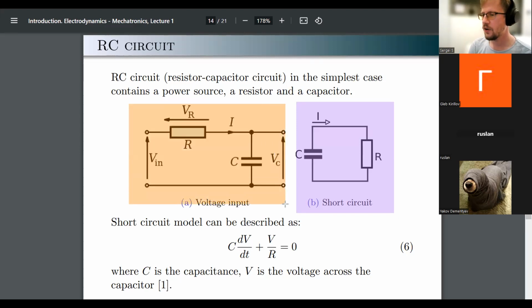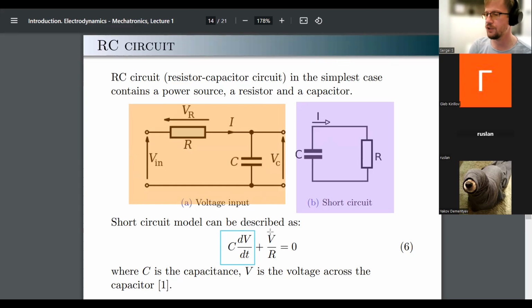Now I will describe to you the short circuit case. So the one on the left, we can describe it in this way. The capacitance times the rate of change of voltage.